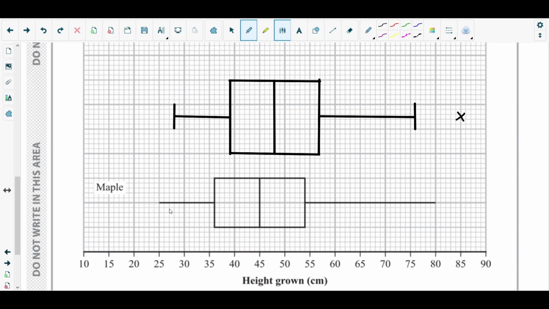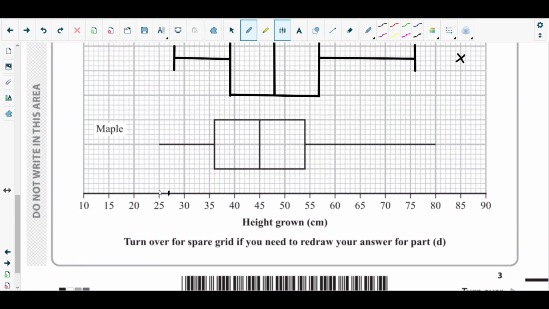Look, 27 lies here, which is before the lower quartile. And 48 is basically here, between Q2 and Q3, the median and the upper quartile.